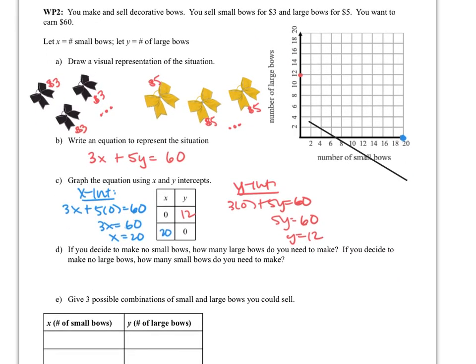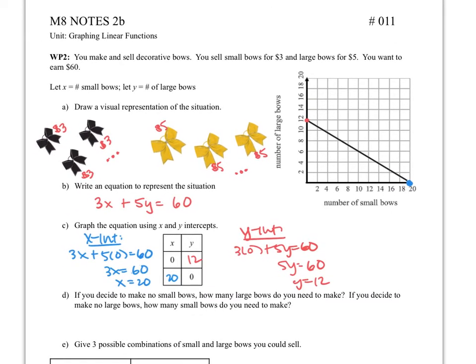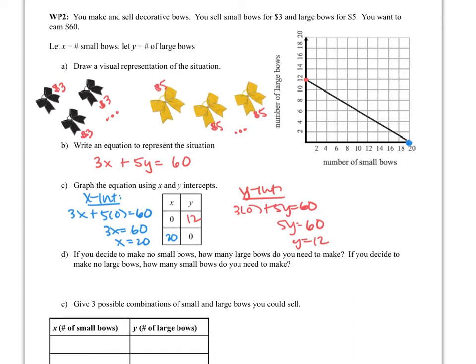So let's say you decide to sell these bows, but you decide to only make either small bows or large bows. So if you only decide to make small bows, that means you're making 0 large bows. So how many small bows would that mean you would need to make?